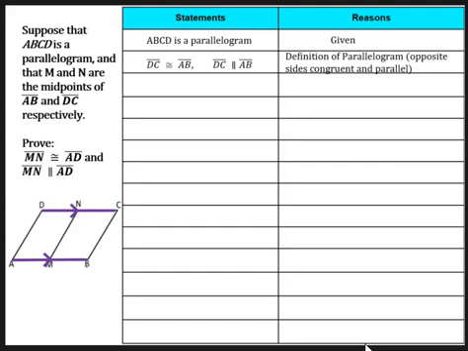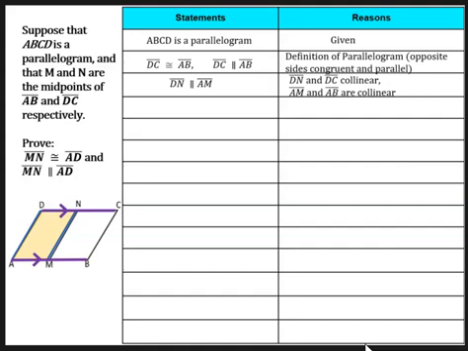Since segment DN is on segment DC and segment AM is on segment AB, we know that DN and AM would have the same slopes as DC and AB and are therefore also parallel. Remember that my goal is to first prove that quadrilateral ADMN is a parallelogram by stating that one pair of opposite sides is congruent and parallel. This statement takes care of the parallel requirement of that.